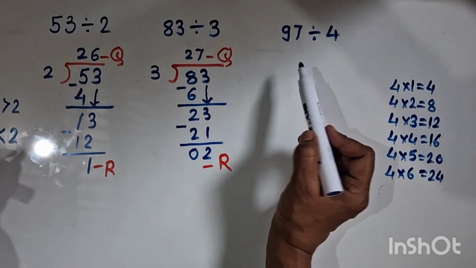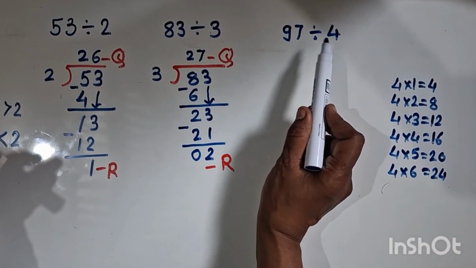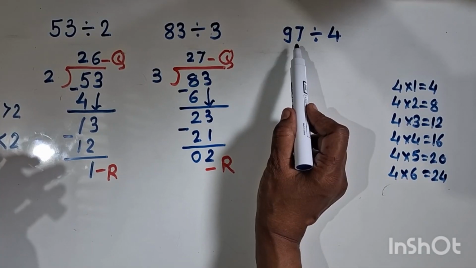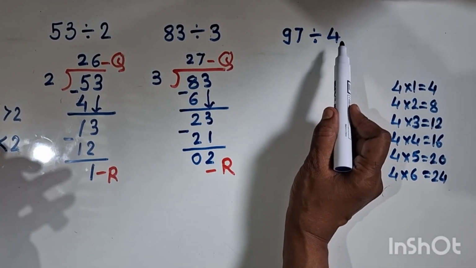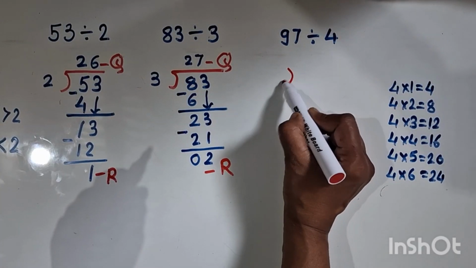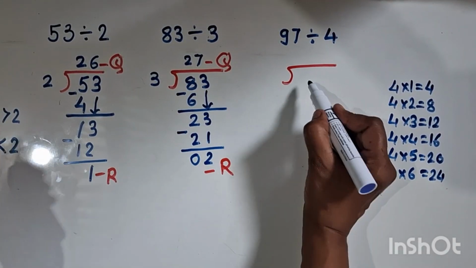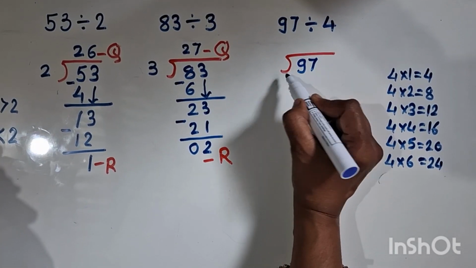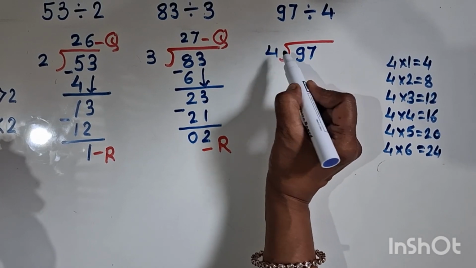Our fourth sum is 97 divided by 4. See, 97 is our dividend, 4 is our divisor. How do we write it? See, 97 divided by 4.